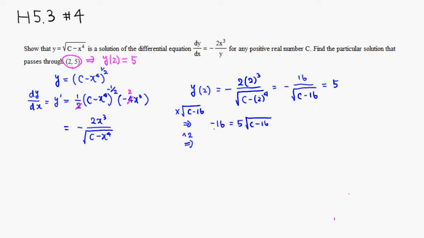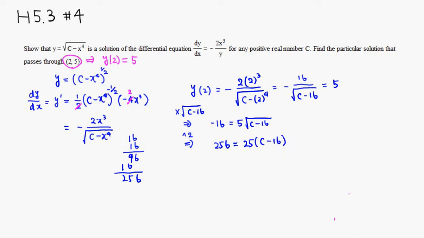You're going to get 16 times 16. 6 times 6 is 36, and 6 times 1 is 6, so it's 96, so 256. So 256 is equal to 25 times c minus 16.